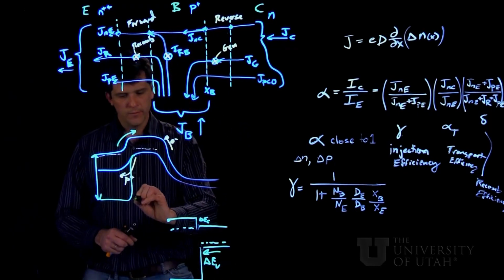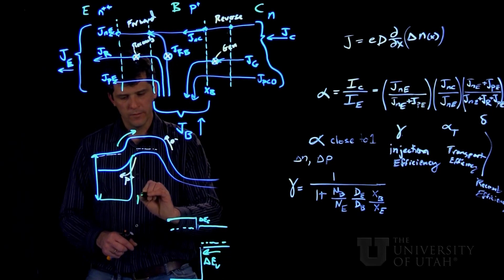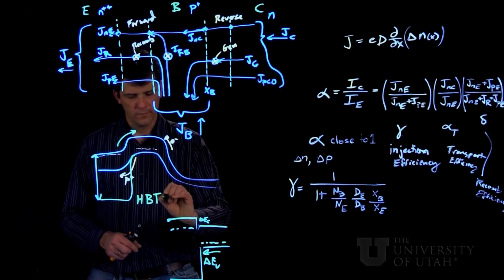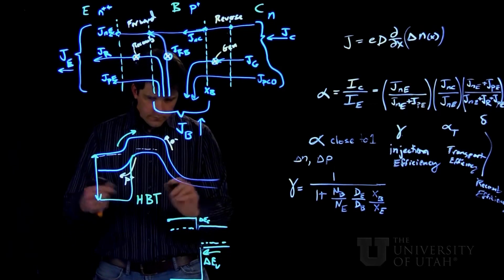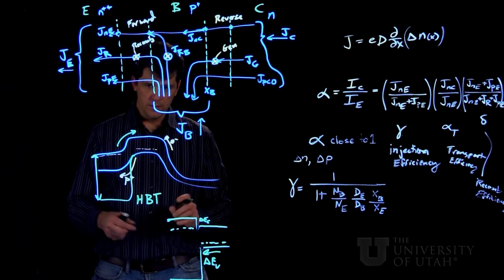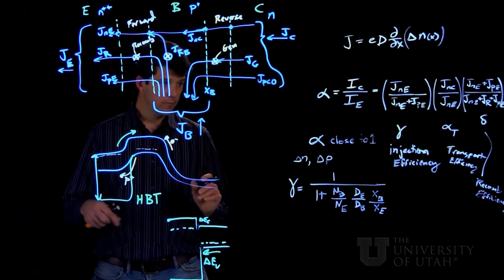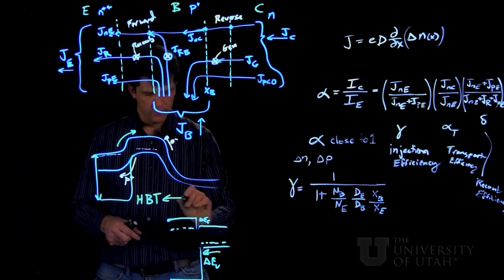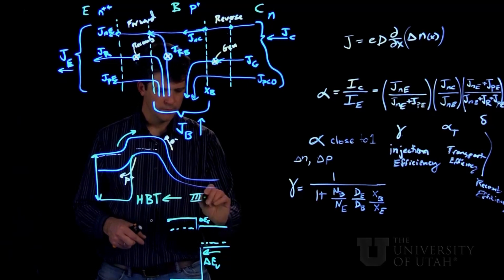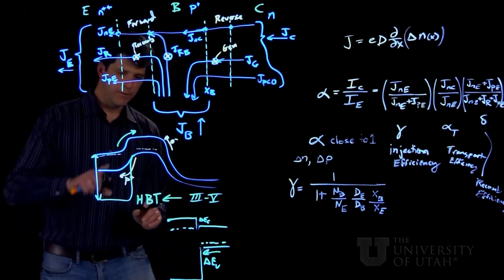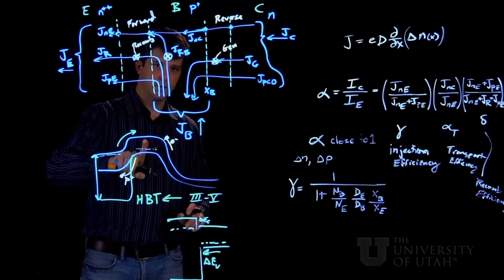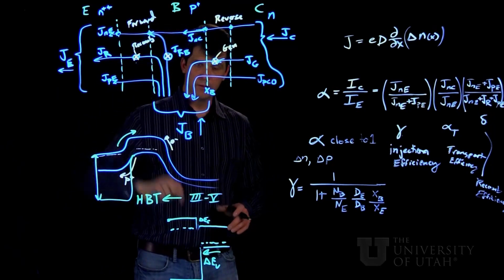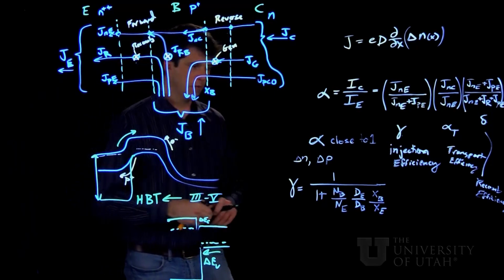So the variation here that I'm talking about would be called a heterojunction bipolar transistor, which is really important for realizing large amplification. It's usually implemented in III-V materials, although something like silicon and silicon germanium could also be used, where silicon would play the part of the largest gap material.